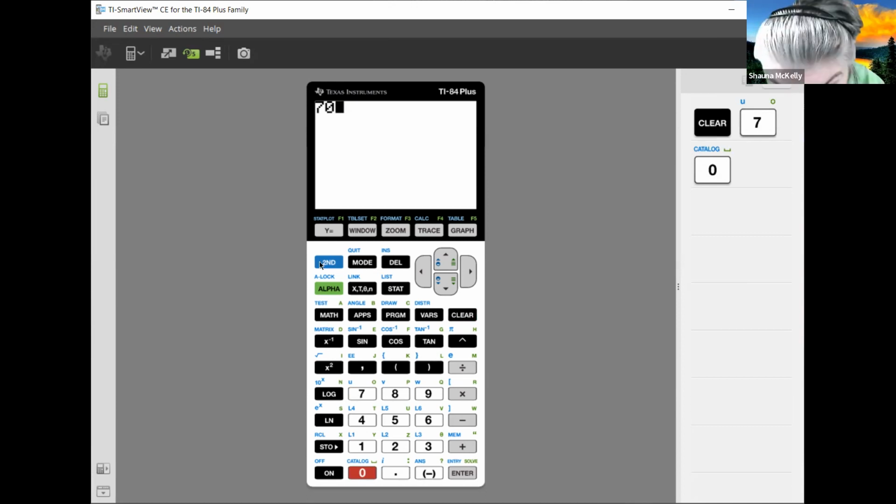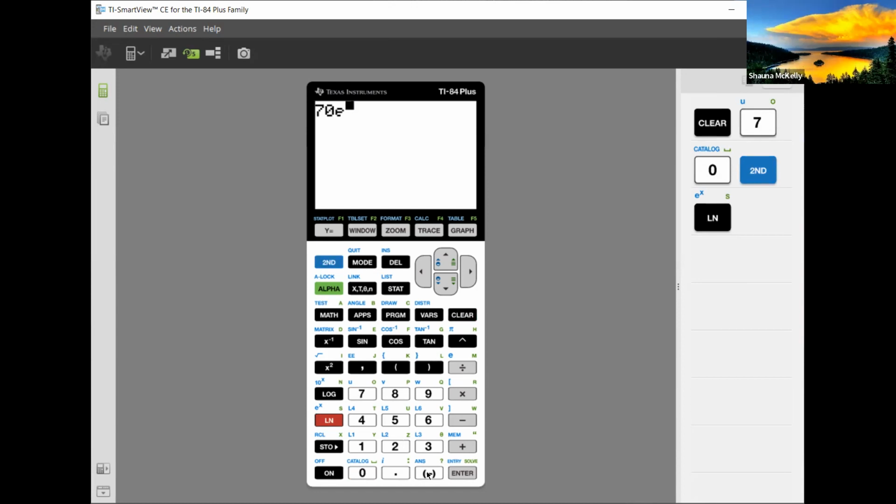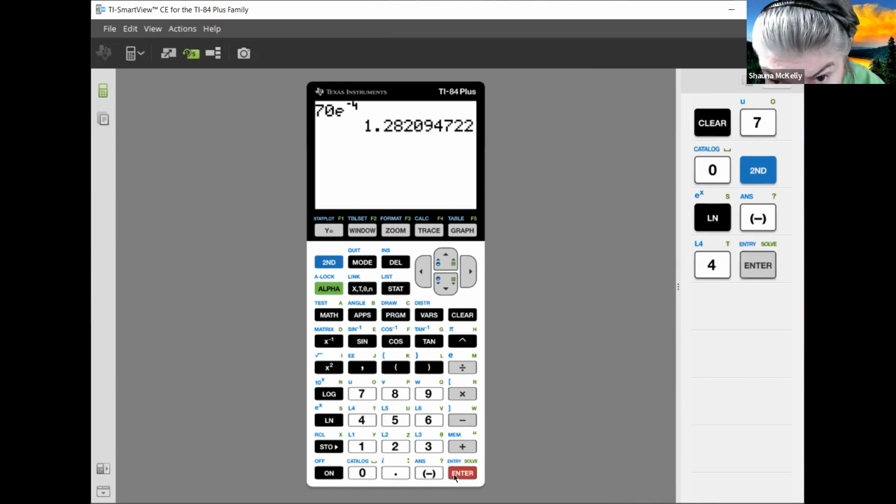So I'm going to do 2nd e to the -4. Be sure you use the toggle minus down here, and you get that.